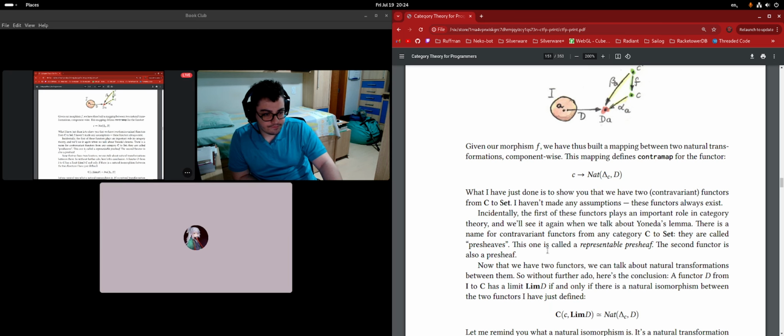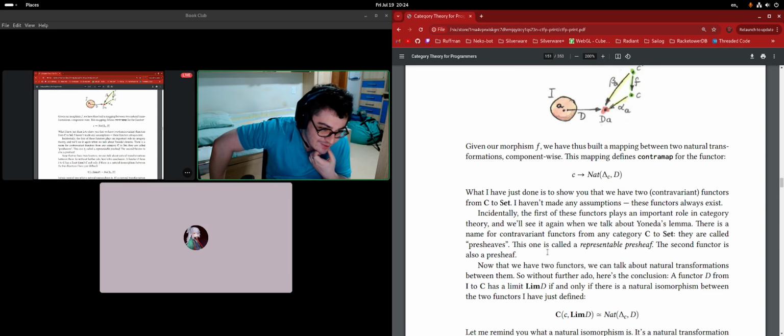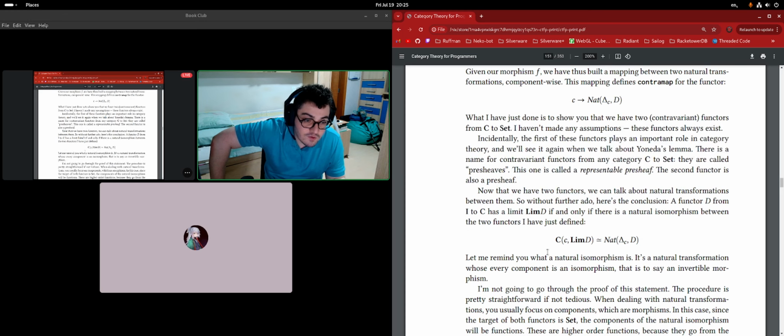There is a name for contravariant functors from any category C to Set. I don't know how to pronounce that though. Presheaves, presheaves actually. Now that we have two functors, we can talk about natural transformations between them.